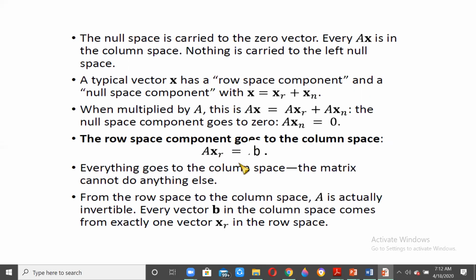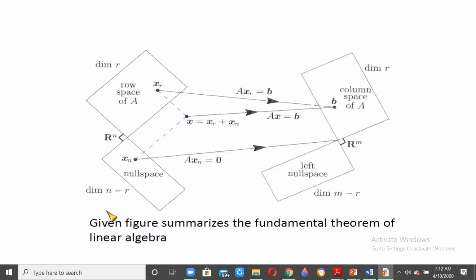So everything goes to the column space, whether it is there in the row space or not. The matrix cannot do anything else. From the row space to the column space, A is actually invertible. So that means a point here is mapped onto this, and a point here is mapped inversely into this.